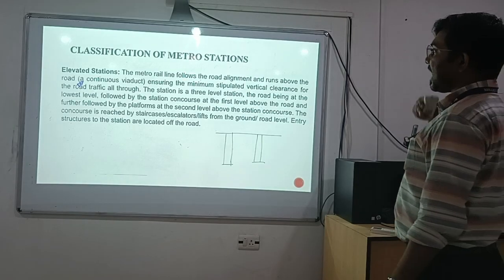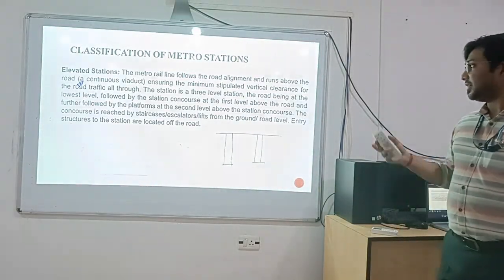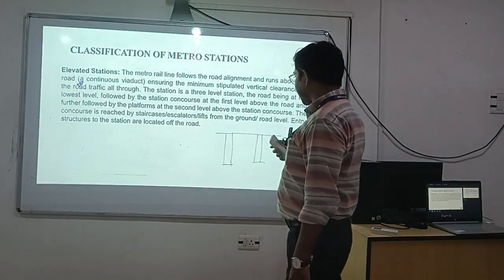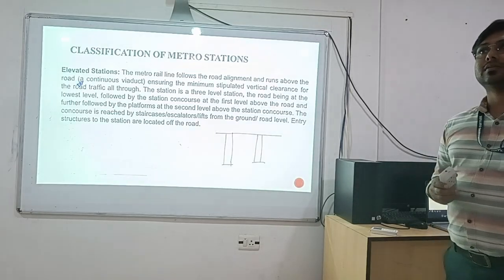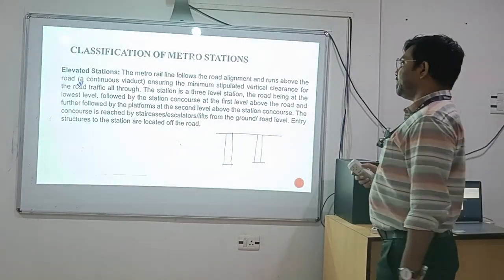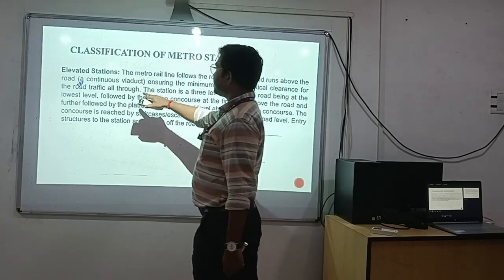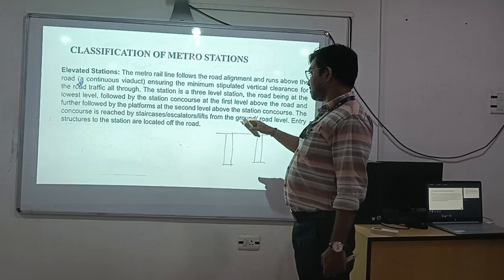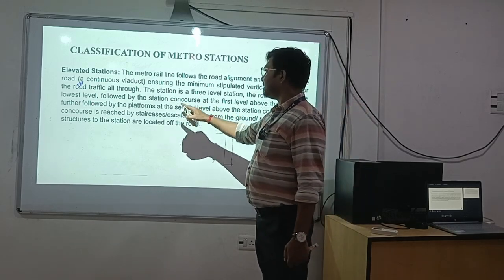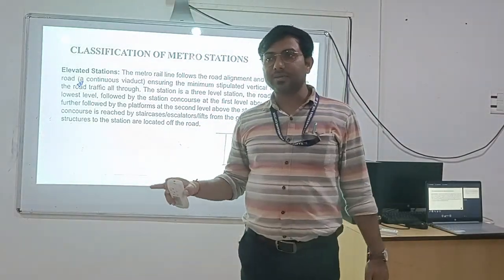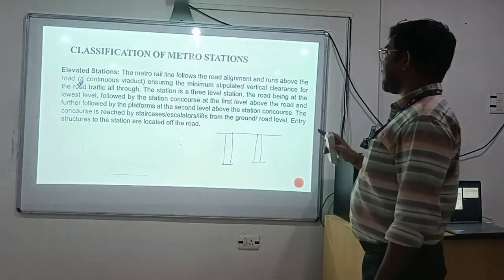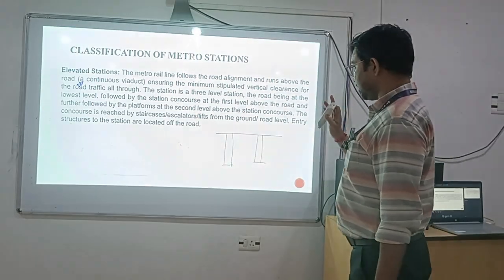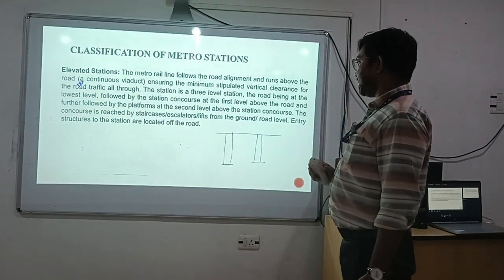Platform level is at the highest level or the second level of this kind of station, and through the platform they can avail the metro rail for their movement. So in this kind of elevated station there are 3 levels of structures. One is the entry level, that is the ground level, another is the first level, that is the concourse level, and the third one is the second level, that is the platform level.